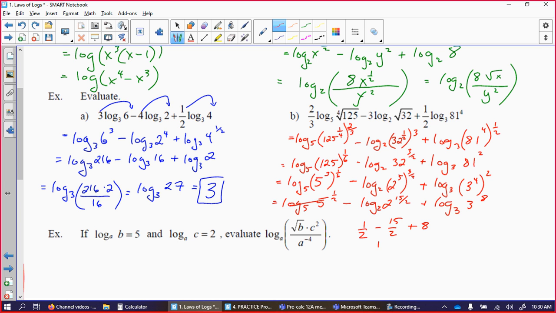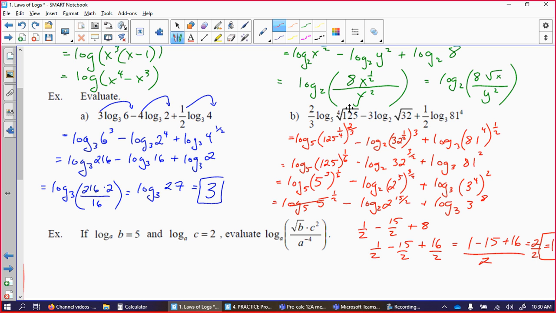Well, that's a half minus 15 over 2 plus 16 over 2, which is 1 minus 15 plus 16 all over 2. 16 minus 15 is 1 plus 1 is, wow, that whole ugly messy business is 1.